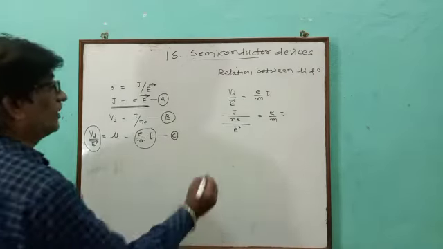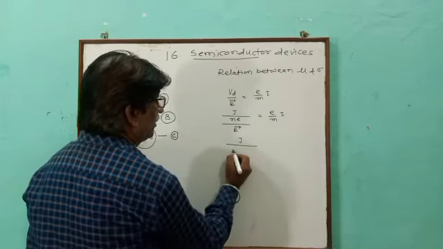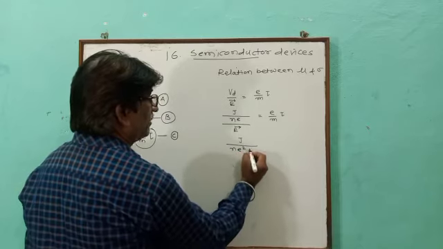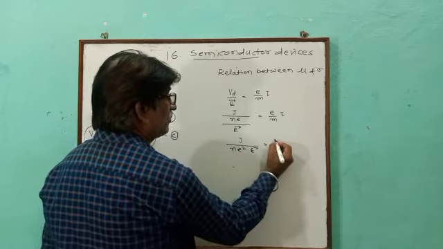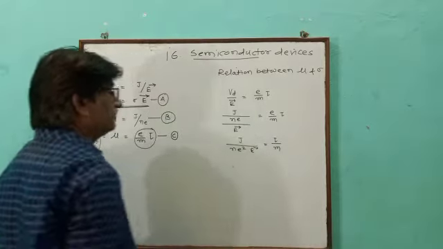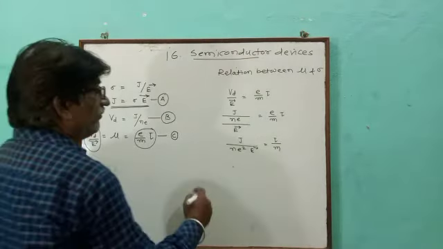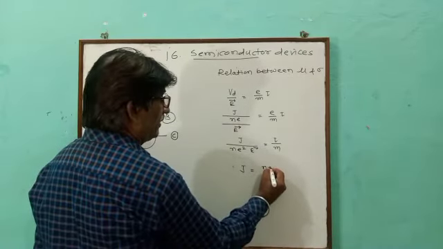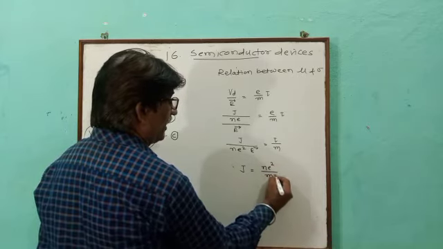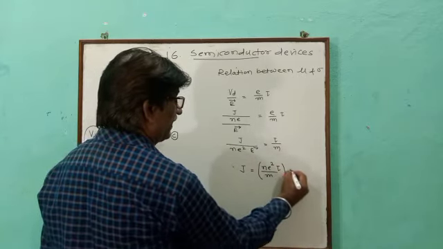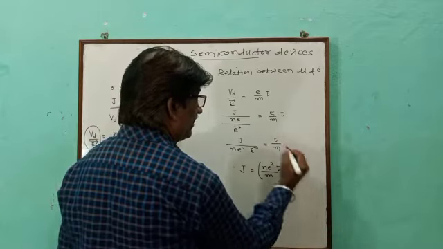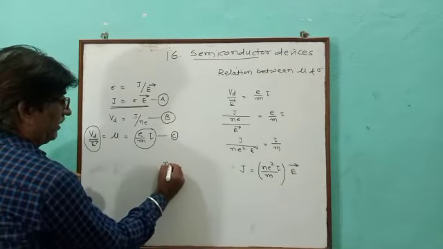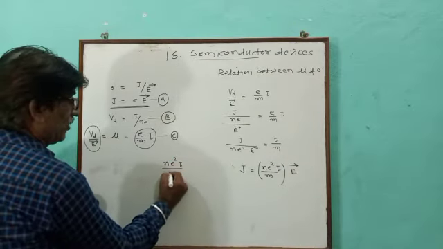So we can write J upon n e multiplied by vector E, equal to e square tau upon m.